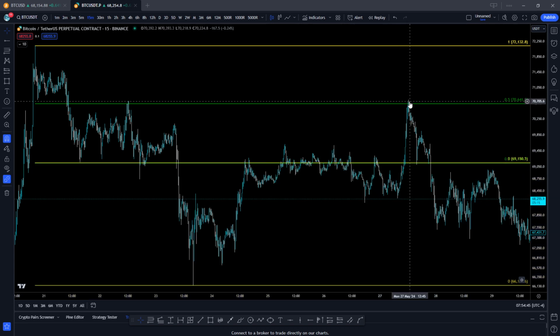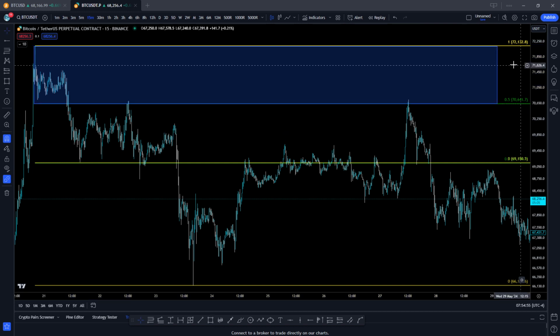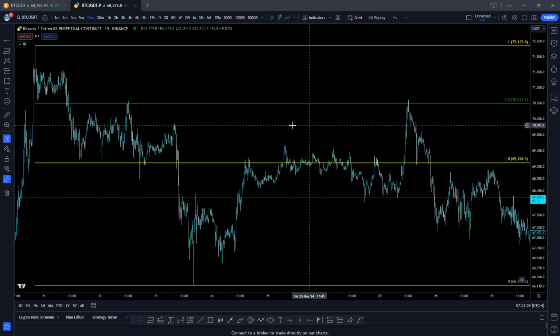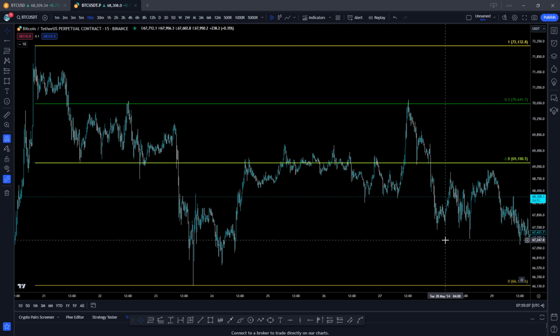Now we came up and got into premium. And we also got into this premium area. So this is where we are looking to possibly see a change in market structure, a shift in market structure to come back to the downside.